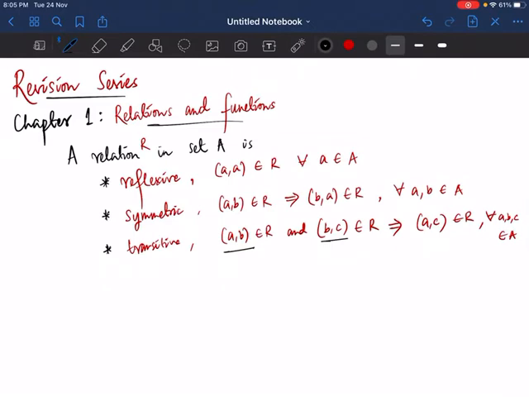So this exercise is all about these things: reflexive, symmetric and transitive. And when a relation is all of them, reflexive, symmetric and transitive, that relation is known as an equivalence relation.